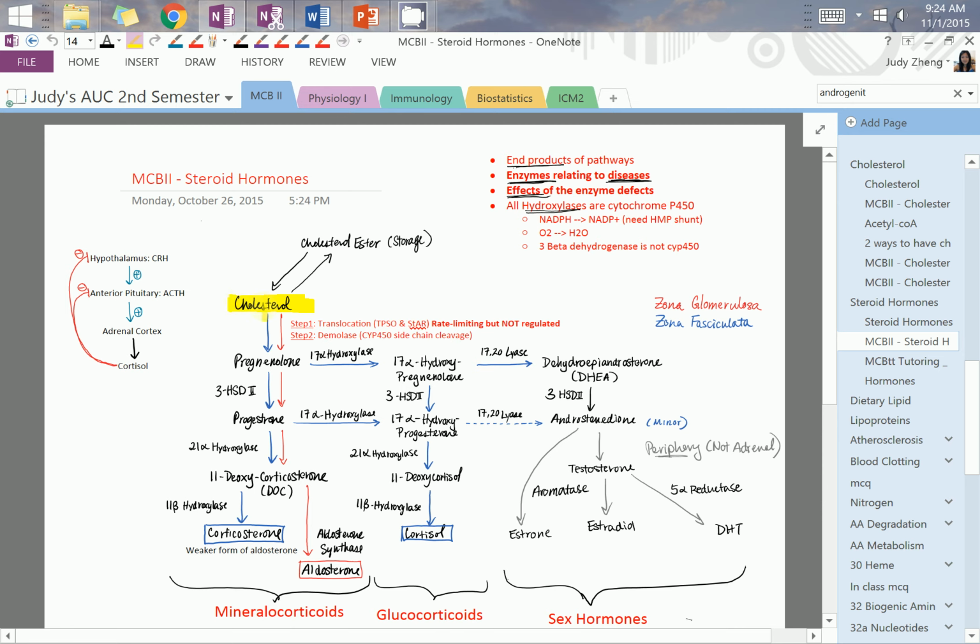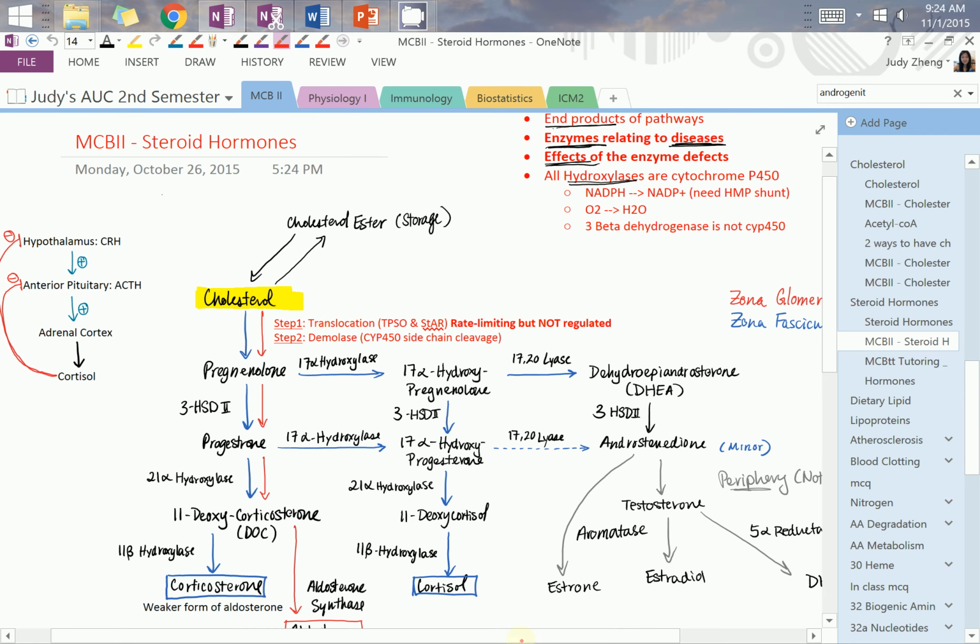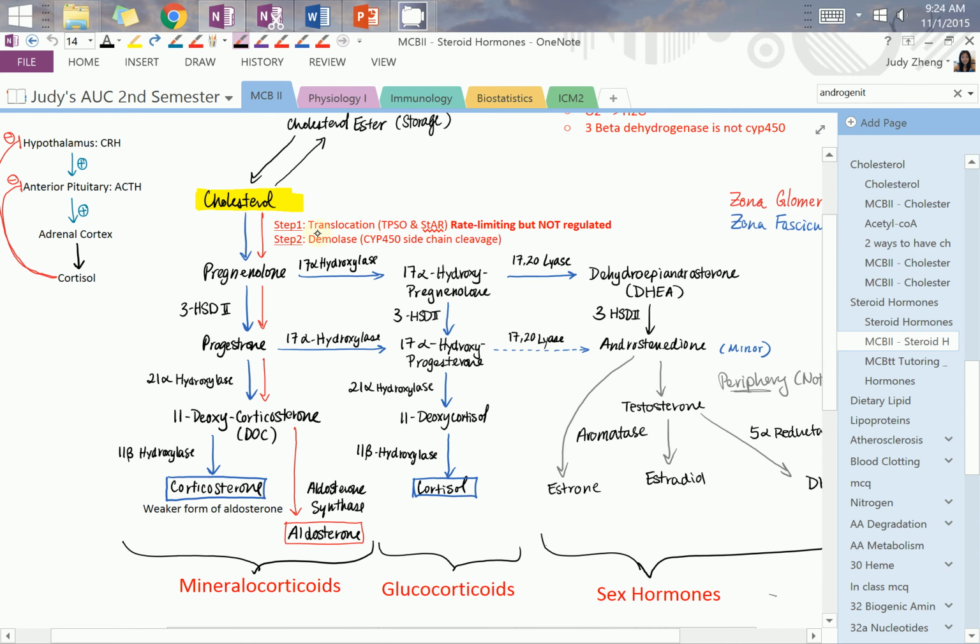So cholesterol enters the cell, and two steps need to happen. When they first enter, they're in the cytoplasm, and you have this translocation step that moves the cholesterol into the mitochondria.